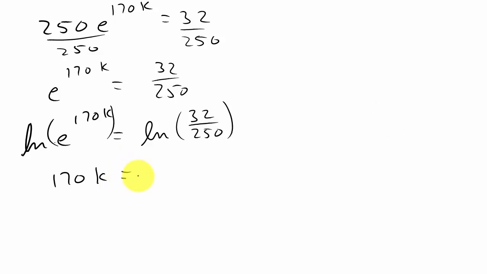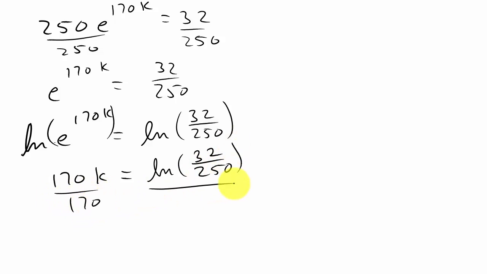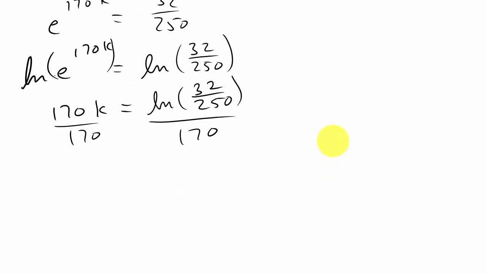And that equals the natural log of 32 over 250. And so I divide both sides by 170. Basically all we're doing right now is solving for k. And so k is equal to, and then I'll need to punch this into my calculator.